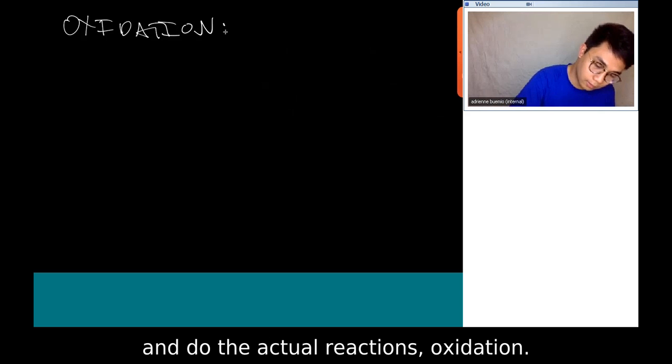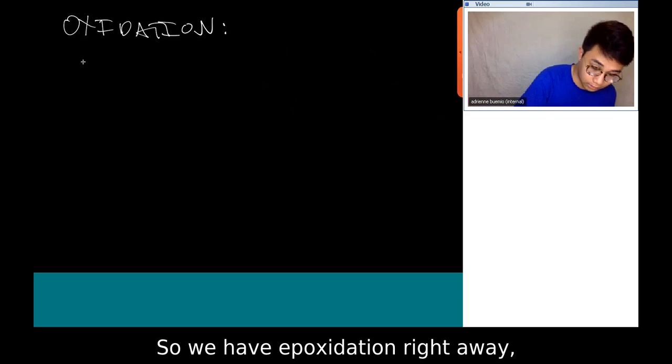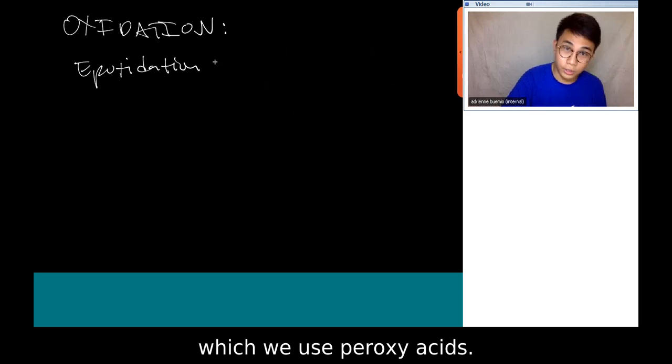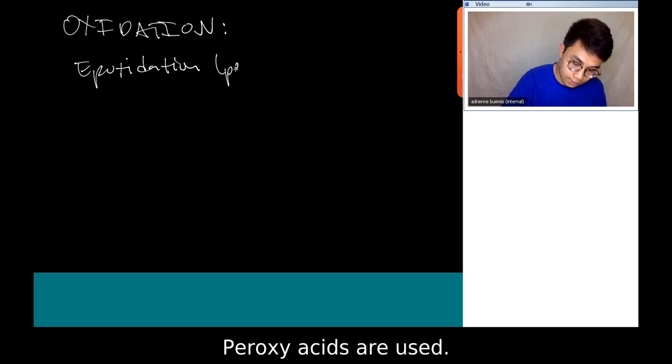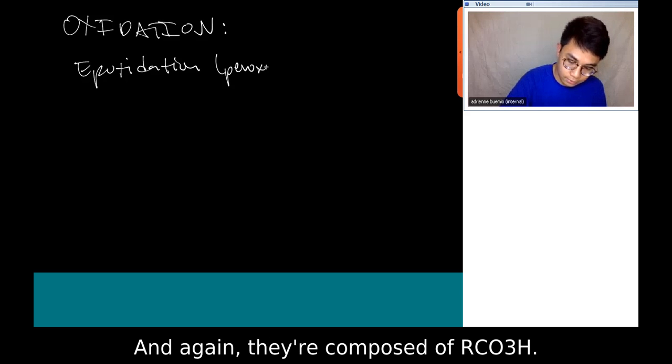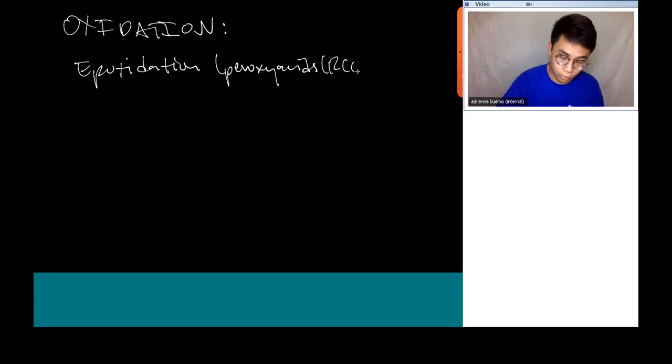Oxidation. So we have epoxidation right away. Epoxidation, which uses peroxy acids, and again, they're composed of RCO3H, right?